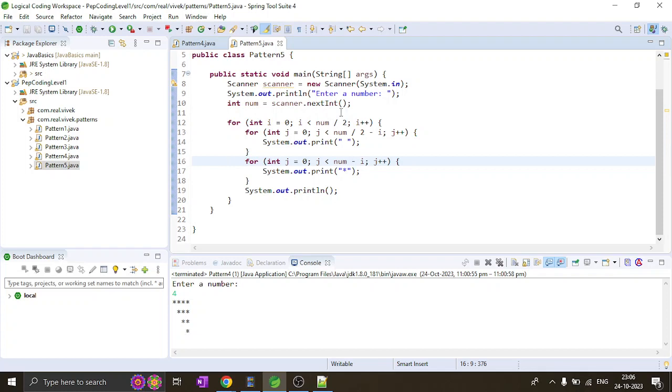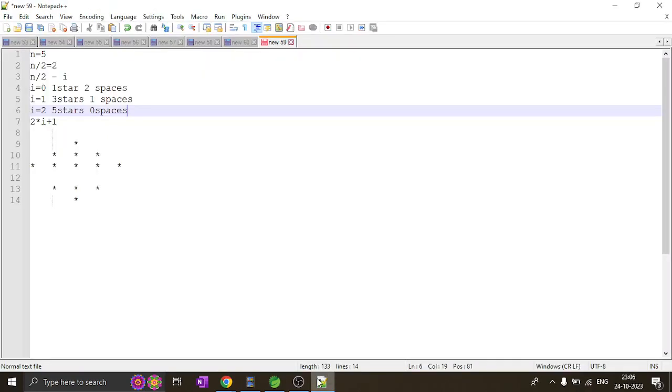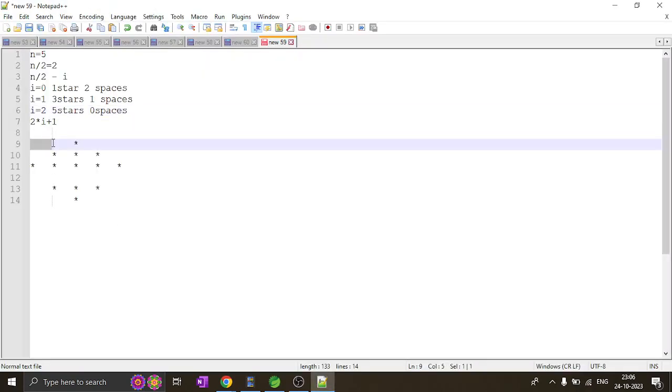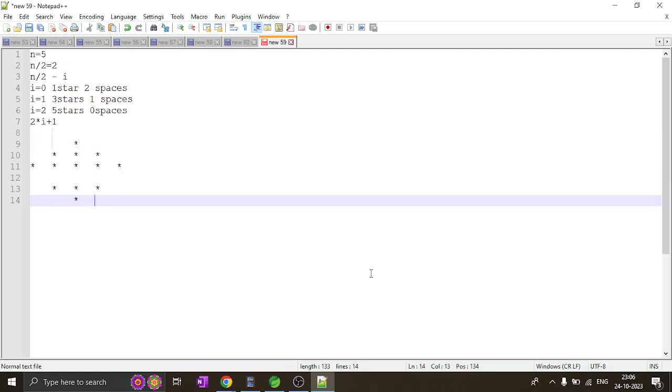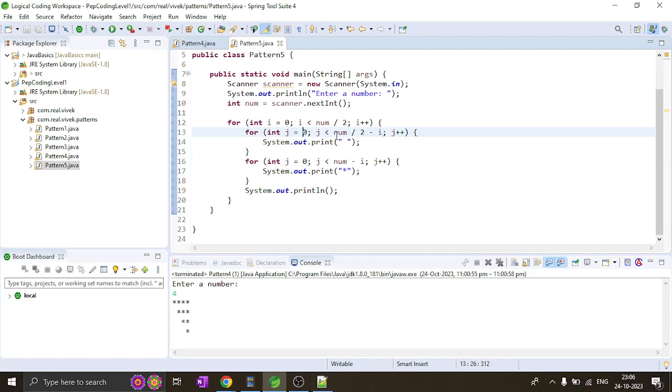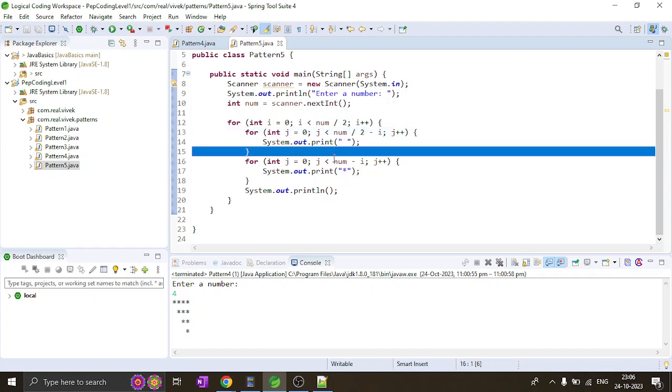So when I is equals to 0 and j is equals to 0, we'll print 0 and 1, right? We'll print two spaces, right? Yep, this logic will work.